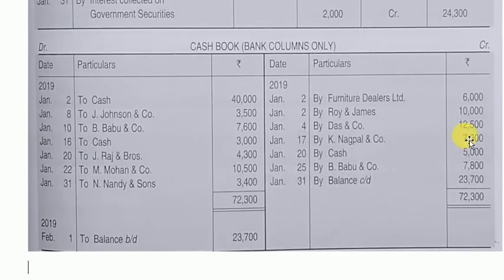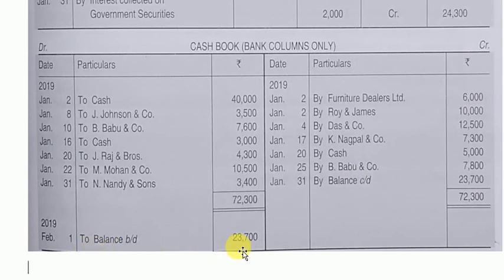So if we come to January 31st, we see the balance carried down of the cash book reflected as 23,700. And what was the balance of the passbook? It was 24,300 on the same date, January 31st. And this 23,700 will be the brought down figure of the cash book balance on February 1.